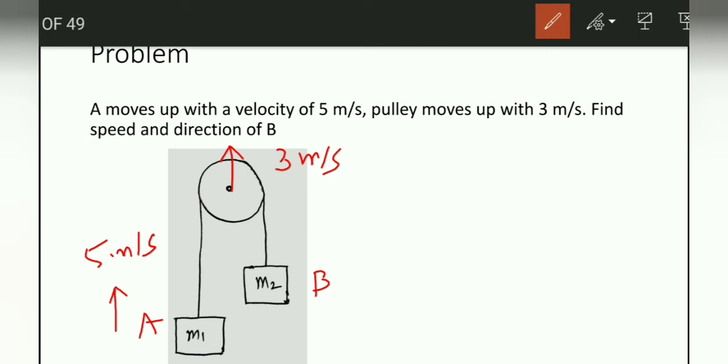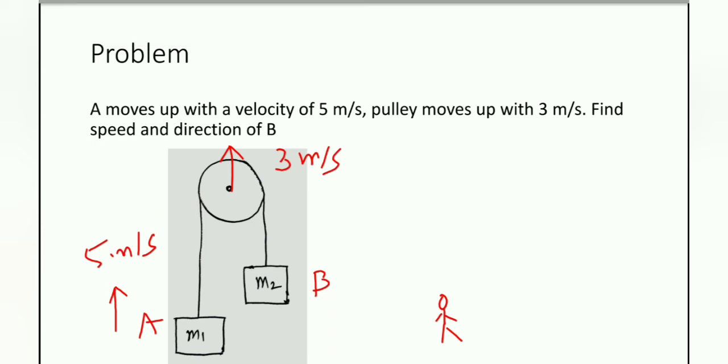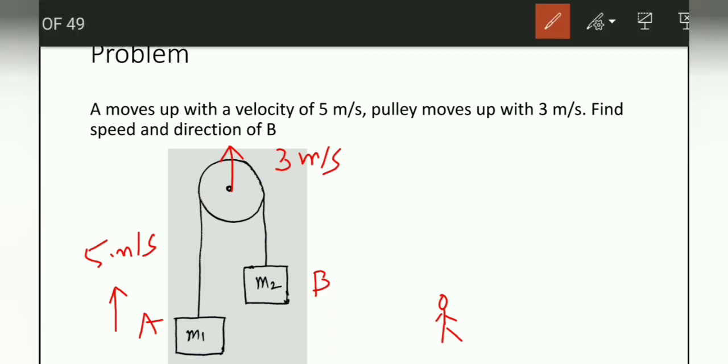Find the speed and direction of velocity of B. So first of all, nothing is given, so we will assume that these are with respect to an observer standing on the ground. With respect to the pulley or not is not given, so by default it will be on the ground. Now we'll simply apply our formula.